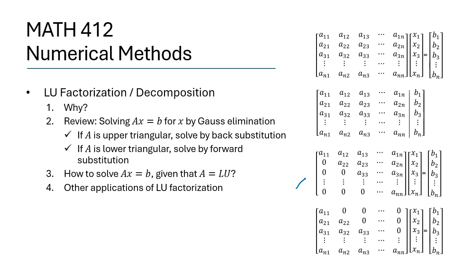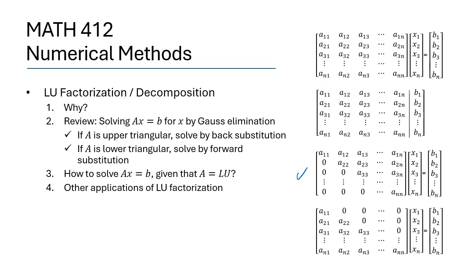And this is an upper triangular matrix. Below the main diagonal, the entries are all zeros here. And then we also know how to solve such a system. The method is the back substitution method.